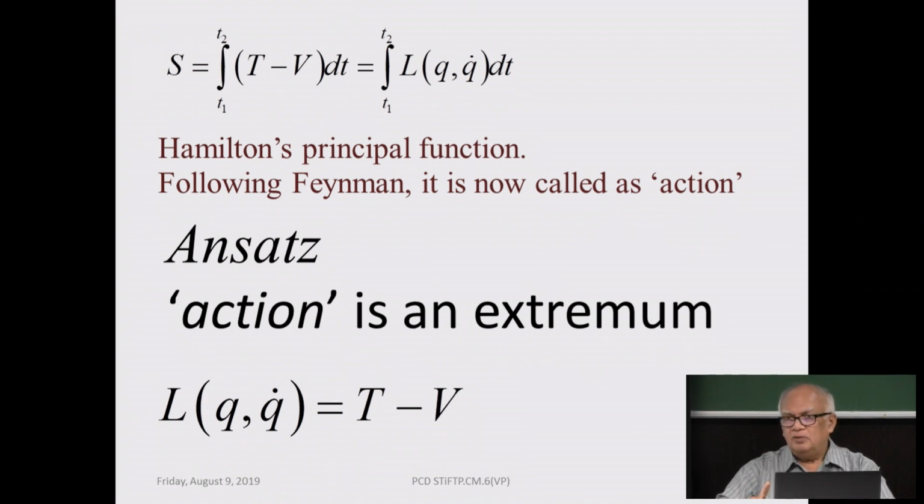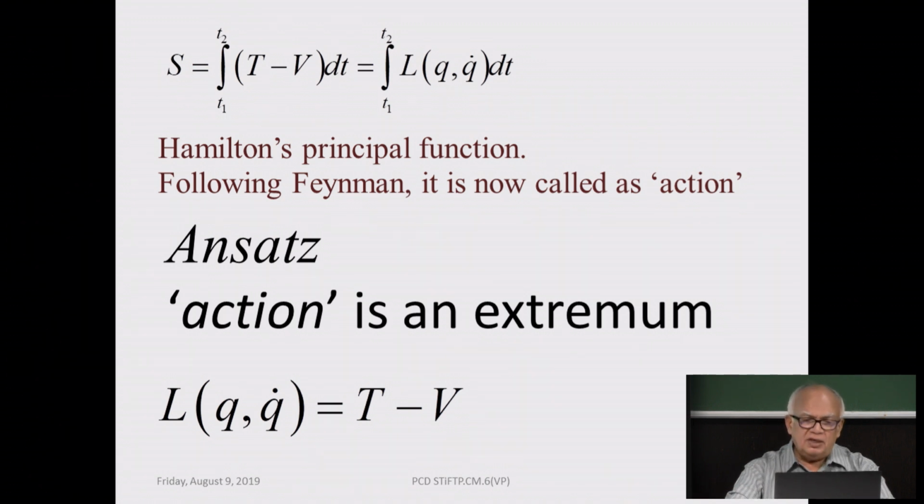Now this is amazing. It needs tremendous intuition to discover such a principle. You don't derive it from anything. Just like you don't derive Newtonian laws from anything, you don't derive this from anything. You can show that it is consistent with Newton's laws, but that's not the same thing as deriving it out of Newton's laws.